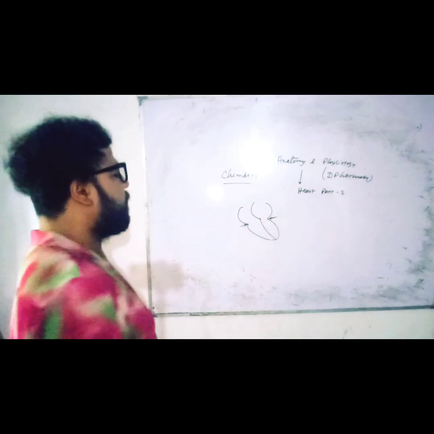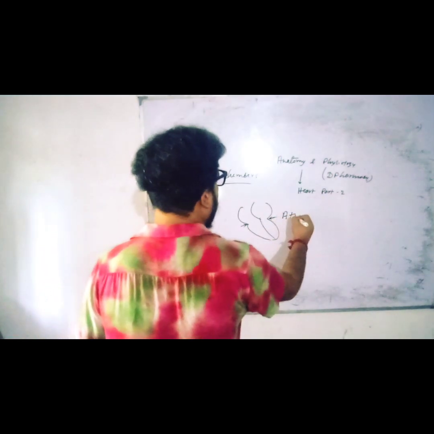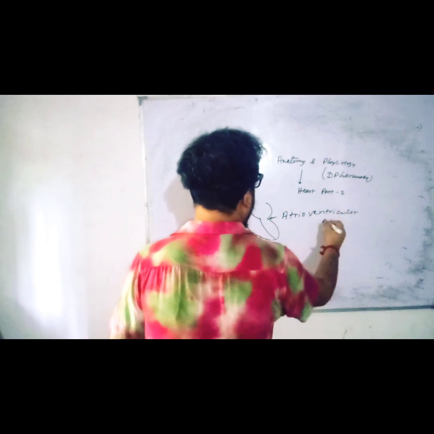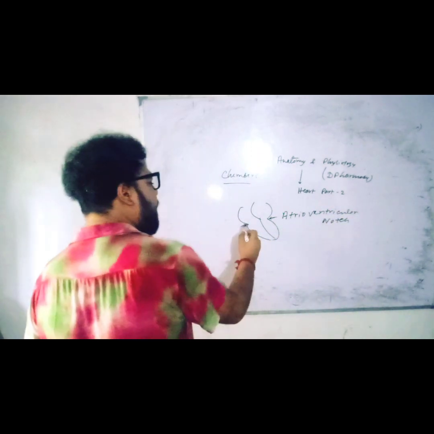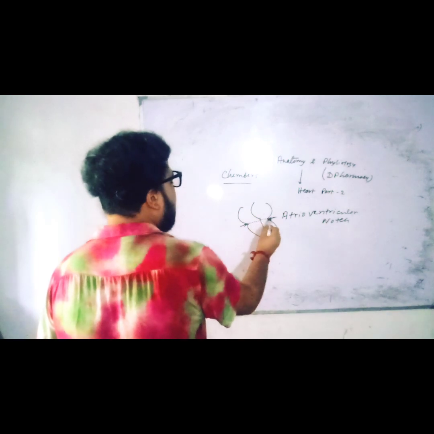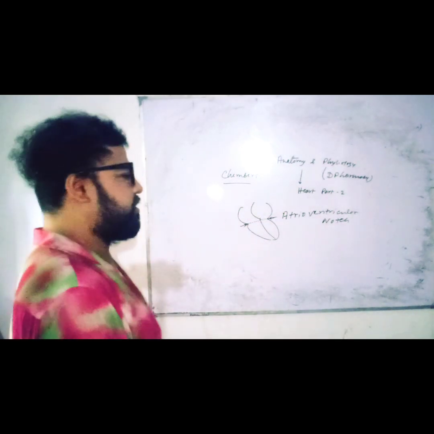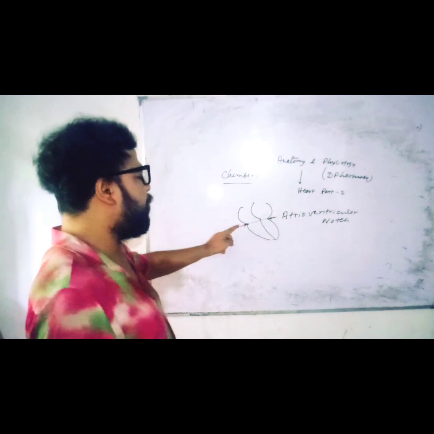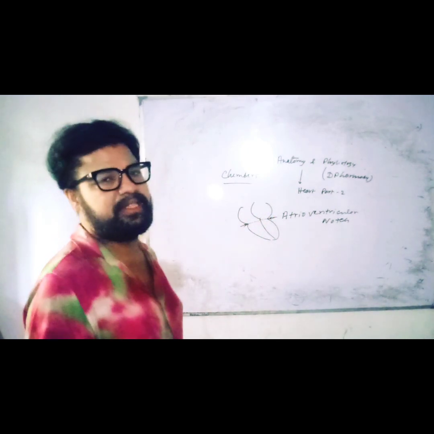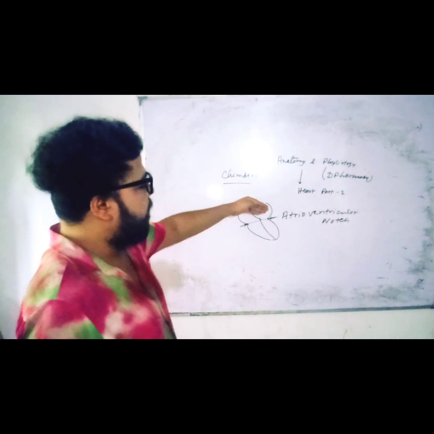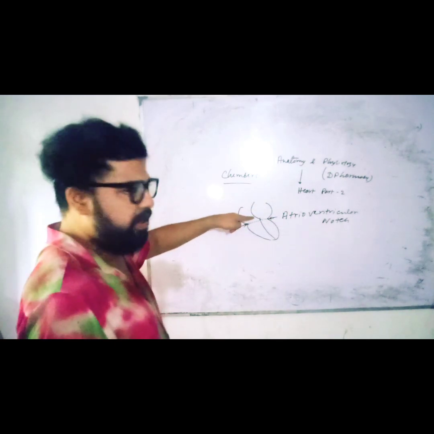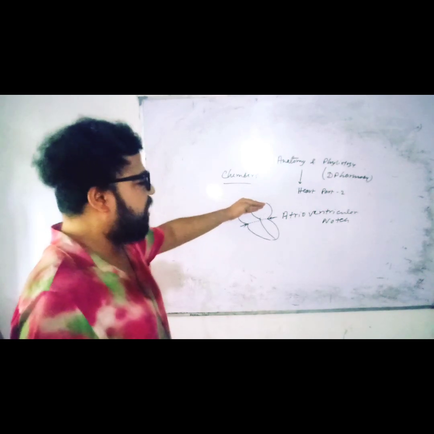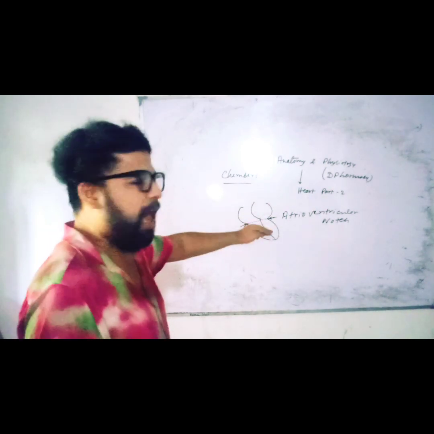This notch is basically called the atrioventricular notch. If we draw an imaginary transverse line through this atrioventricular notch, this transverse atrioventricular imaginary line divides the whole heart into two parts.